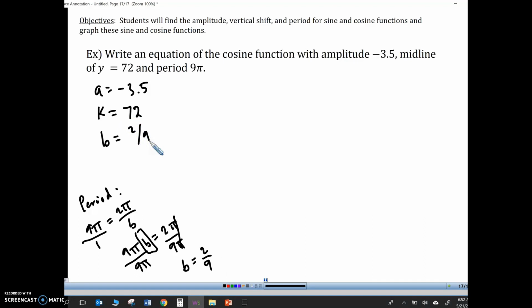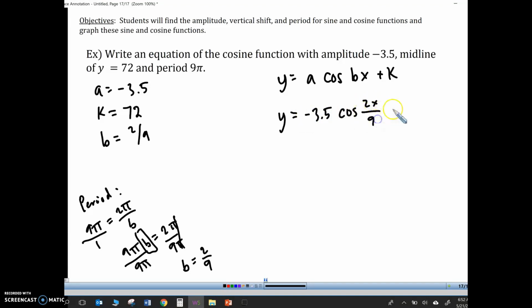Okay, so if I have the general form, y equals a cosine of b times x or theta plus k, I can just plug in my values. Y is equal to negative 3.5 cosine of 2x over 9 plus 72.